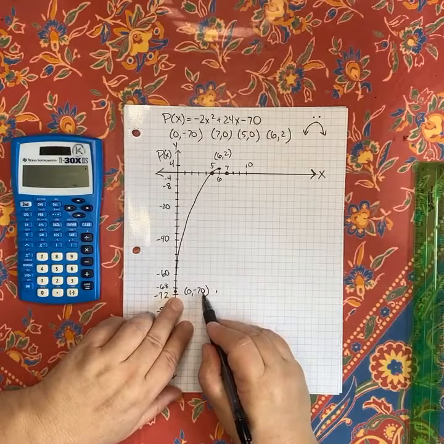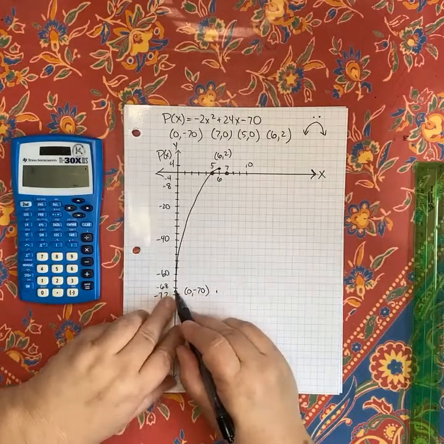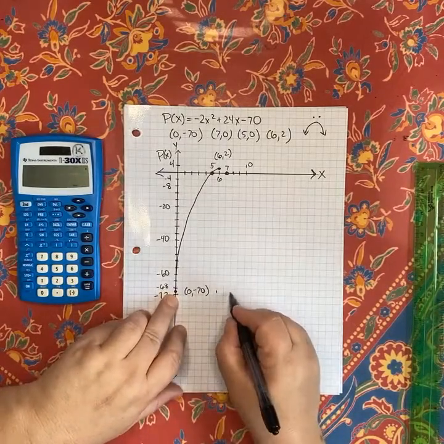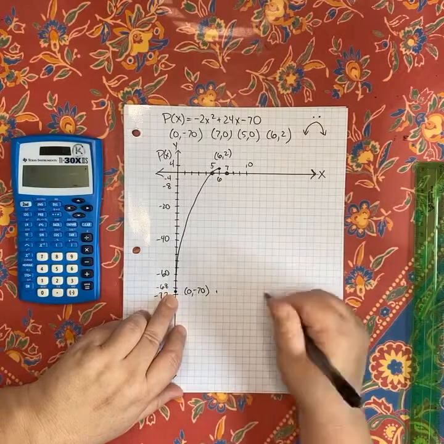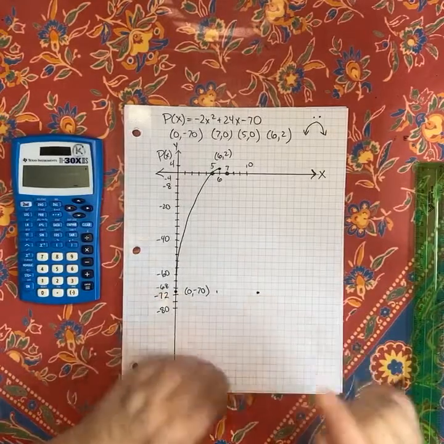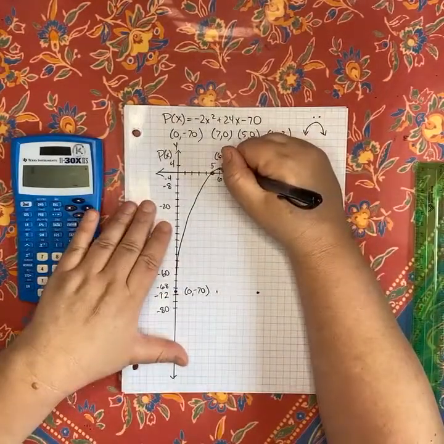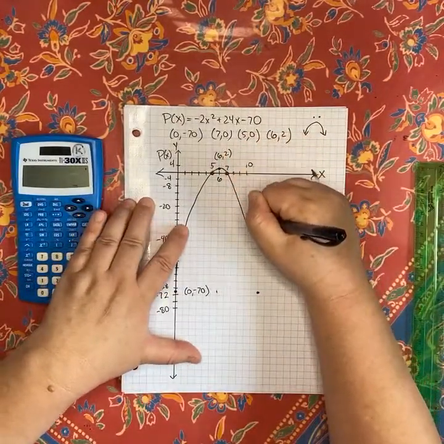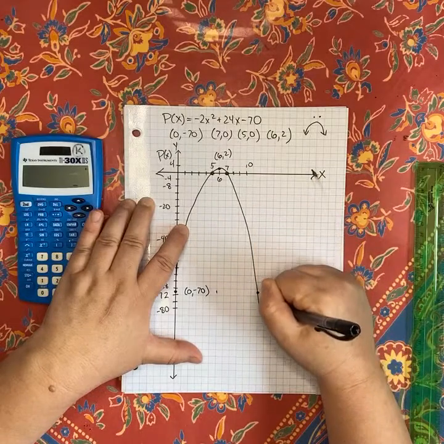If I go 1, 2, 3, 4, 5, 6 points to the left, then 1, 2, 3, 4, 5, 6 points to the right gives me that mirror point. Then, rounding off the top, I can pull it down.